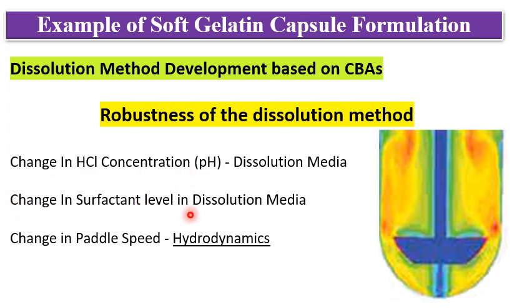Then change in the surfactant level in the dissolution media and change in the paddle speed. So robustness is checked by changing the HCl concentration, surfactant level, or sometimes the pepsin level is also checked, and the change in the paddle speed, so that hydrodynamics will be studied.